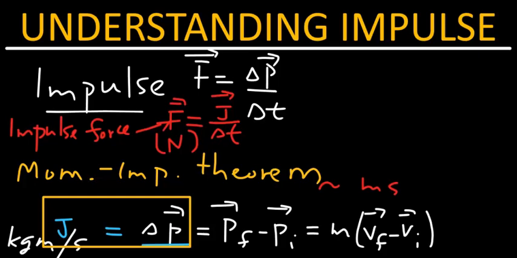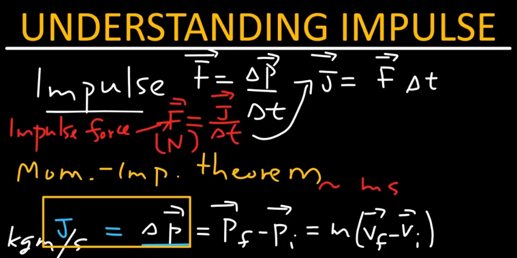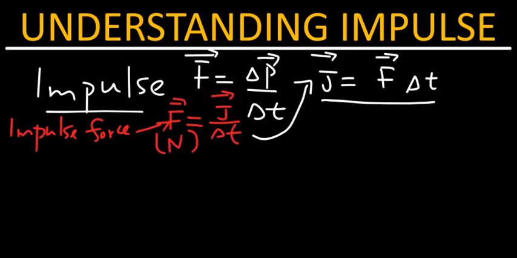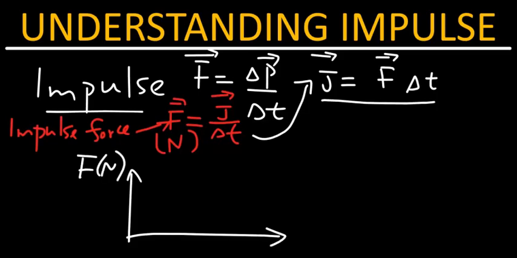As simple as that. Now let's look at this expression. We can write impulse as F delta t. The application of this equation is as follows. Suppose that you can model a collision by a force-time graph. Since the collision is a very small duration collision, it could be something like this.